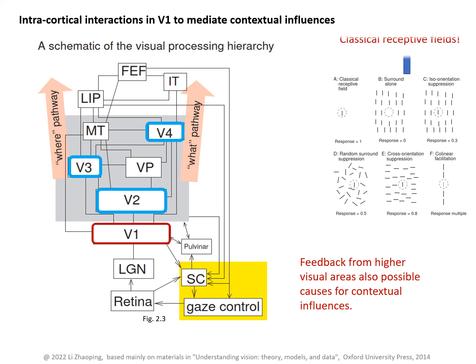Contextual influences are nuisances to the framework relying on the classical receptive field. And so Chapter 5 of the book will show that these are not nuisances anymore when V1 is understood to play a critical role in vision, namely to compute a saliency map to guide visual attention exogenously.